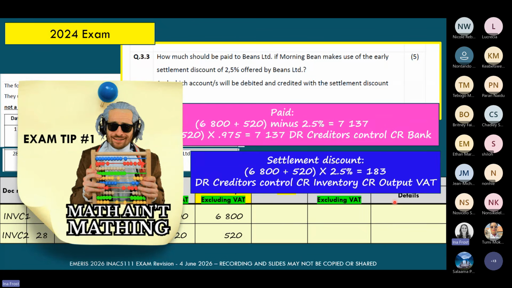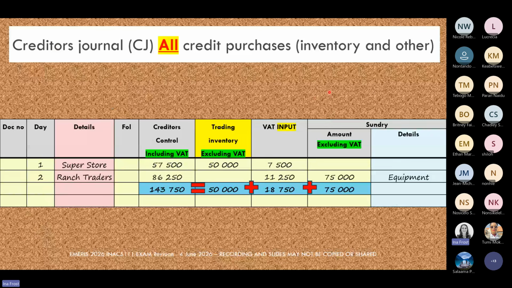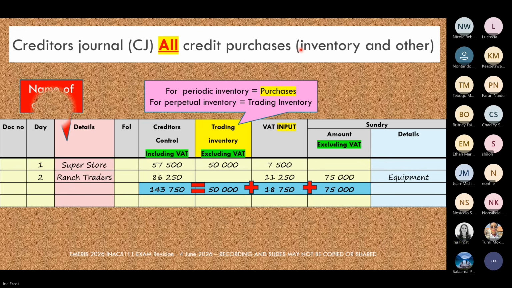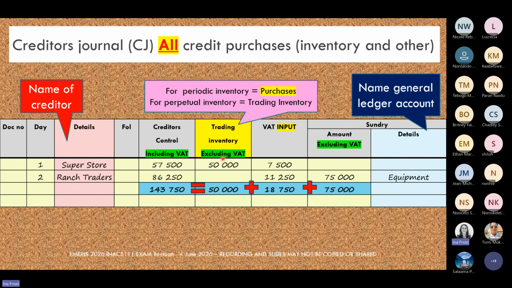Right. Okay. So this is then our creditors journal where we record the purchase of all inventory or anything we buy on credit. And we remember that we're going to put the name of the creditor in this first column, and in the second details, we are going to put the name of the general ledger account.